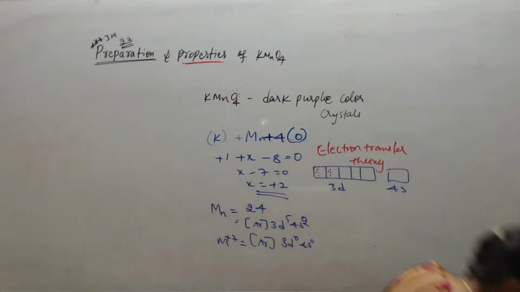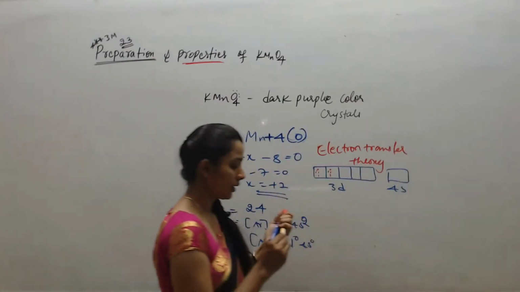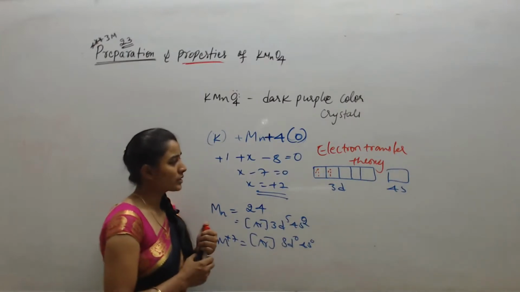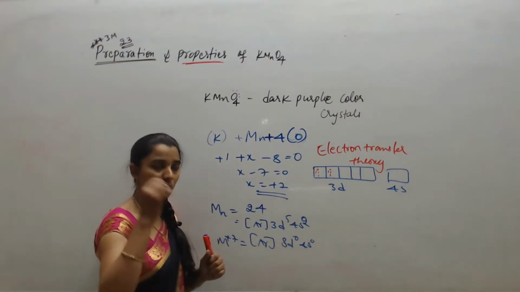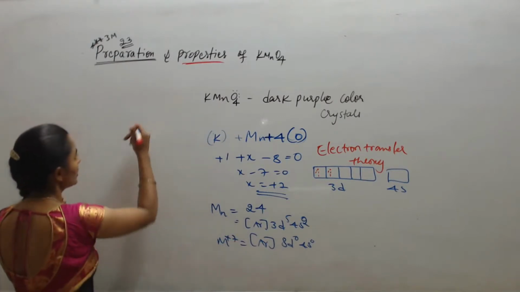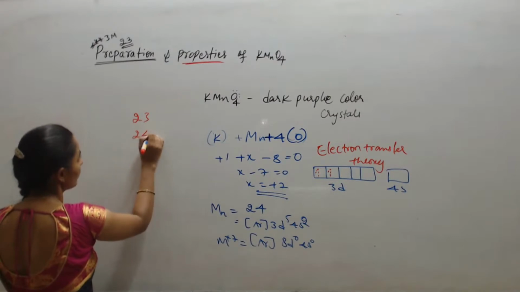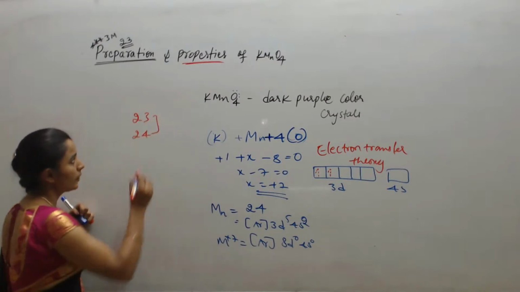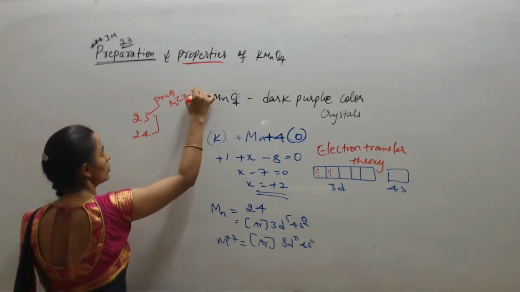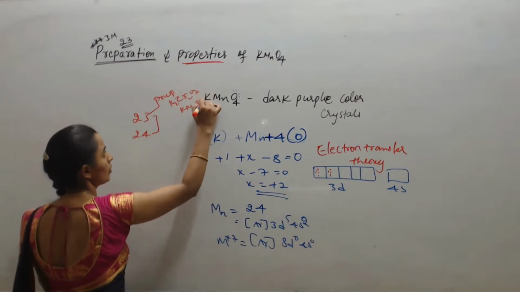Okay, so this is all about D and F block elements, the preparation and the properties. In that, as I told you, question number 23 and question number 24 are from D and F block. Question 23 is always the preparation of K2Cr2O7 and KMnO4.